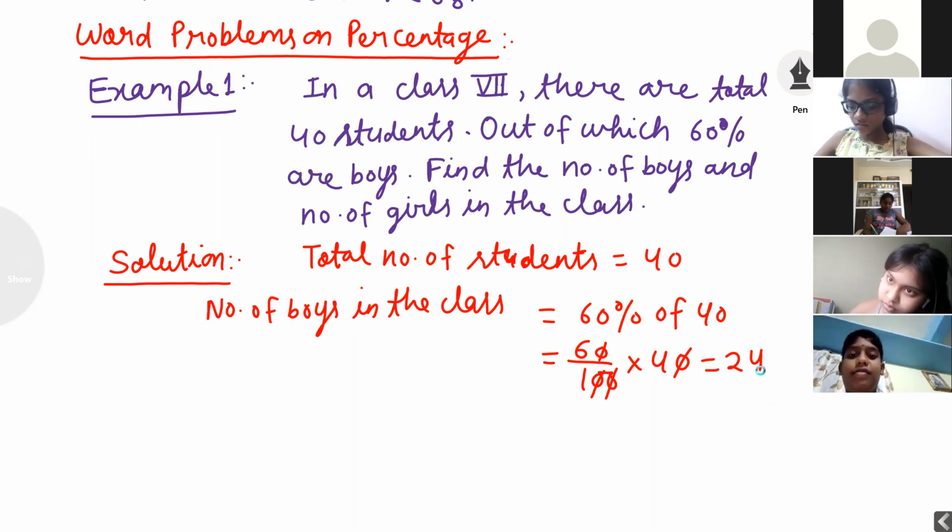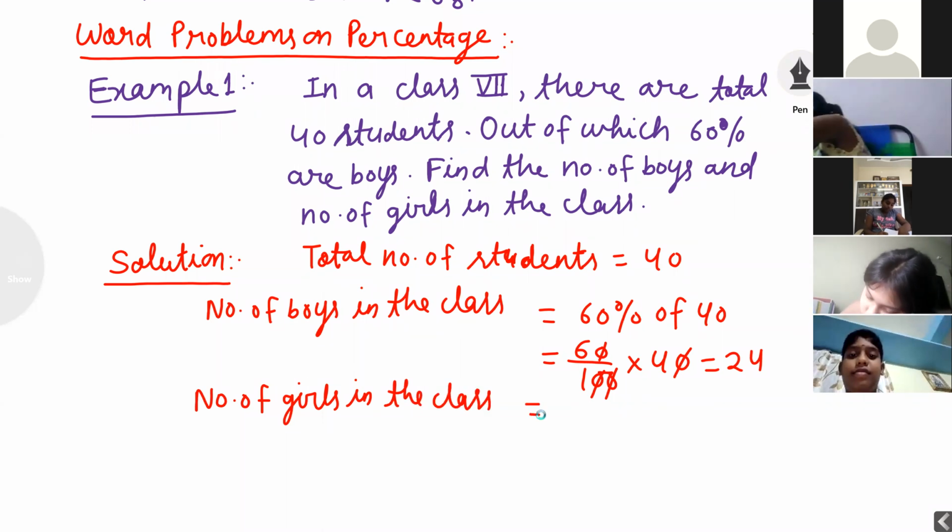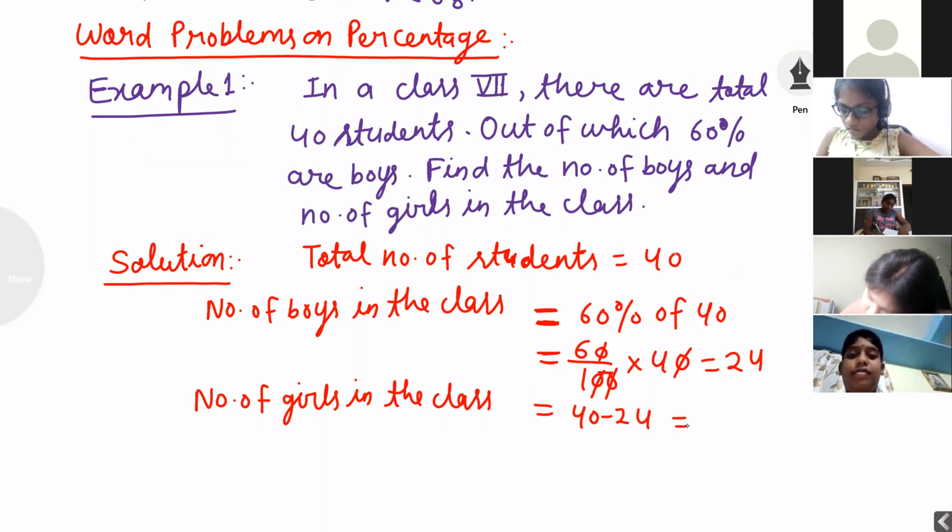Number of girls in the class is equal to 40 minus 24. Answer is 16. Very famous question, student. Like that question, maybe they can ask in the examination also.